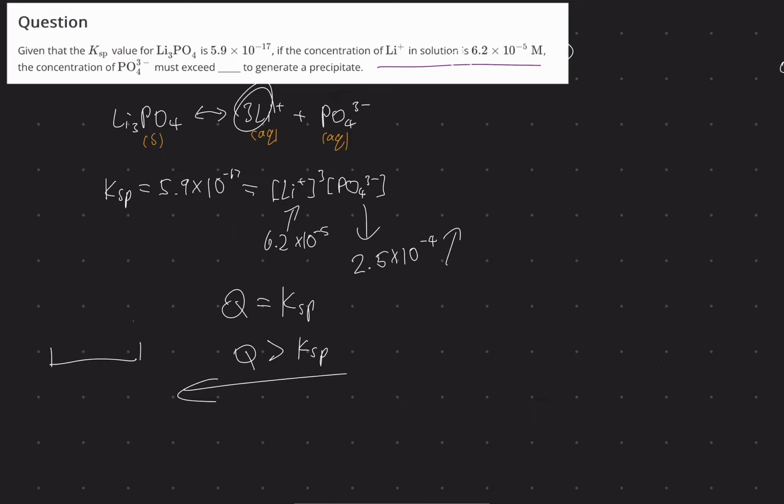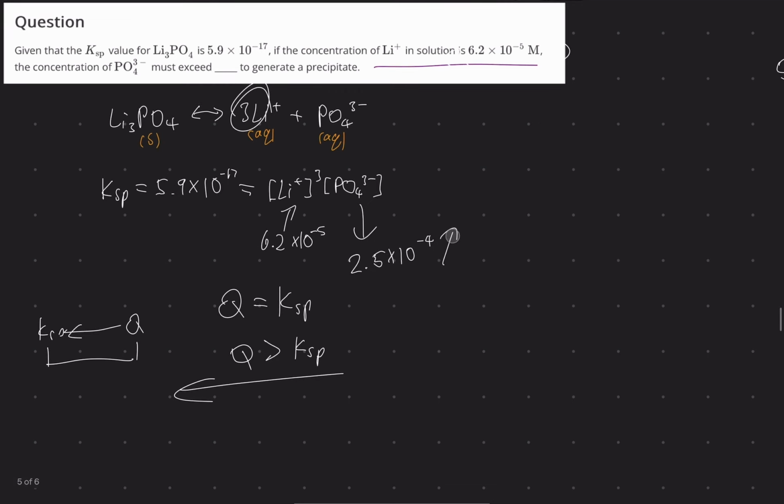Because if Q is here and KSP is here, Q wants to go to KSP. So it's just a shift to the left, more solid will be created. It's Le Chatelier's principle.